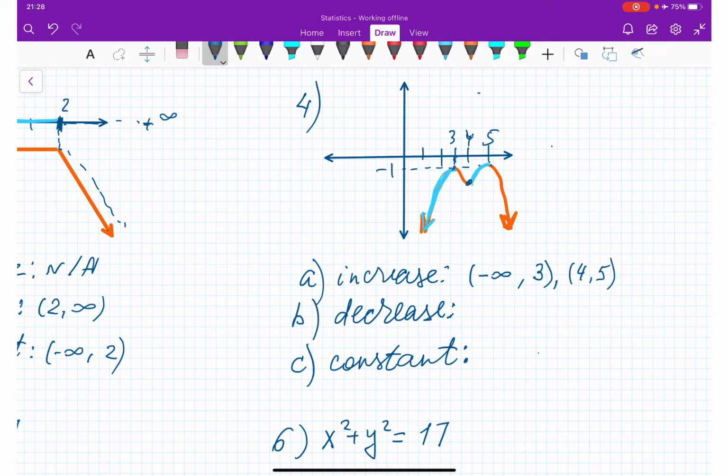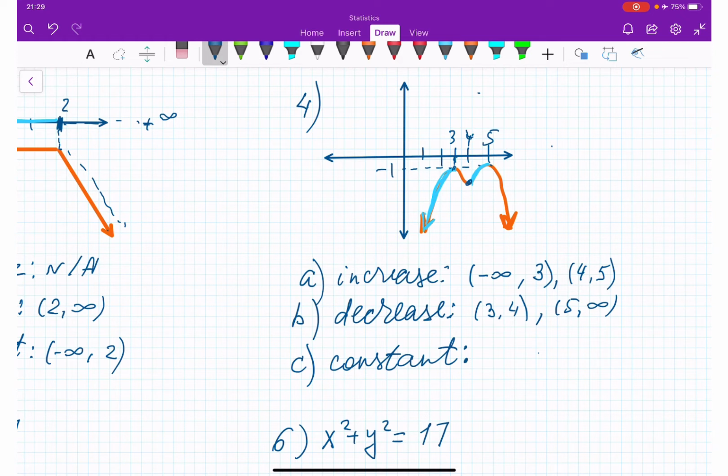Okay, now let's look at decrease. Decreasing in this brown color, it's the original color of the graph. We leave the color the same. So it's going to decrease from 3 to 4, right? And then it's going to go from 5 to infinity. Again, the interval we identify based on x.